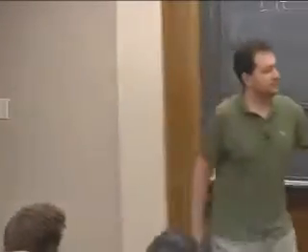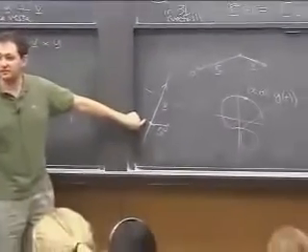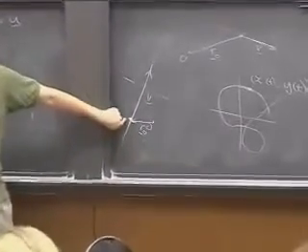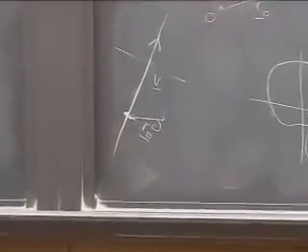Question? R0 is a point. How can it be a vector? Oh, that's a good question. When I say it's a point, think of it in this sense. You pick a point on the... you've caught me out here. I was being imprecise. It is the vector joining the origin to a point on the line.